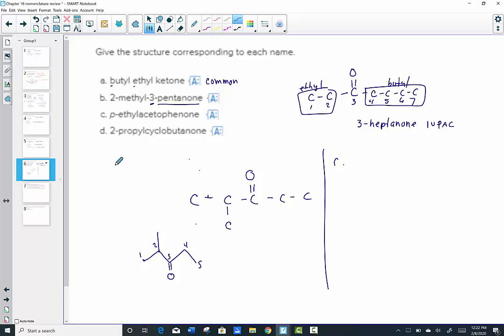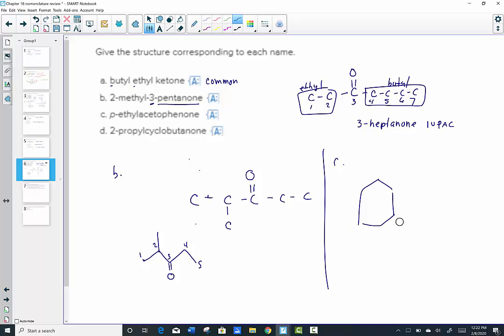How about letter C? Para-ethyl acetophenone. All right, so remember this. In terms of phenone, we had to go back and look at that structure for phenone. And that was the aromatic compound where you had a benzene ring.